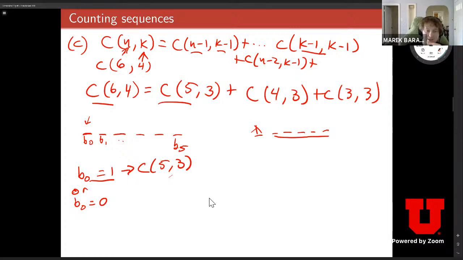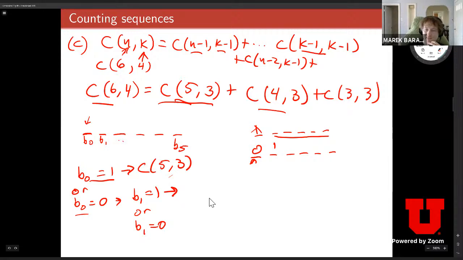So if B0 is 0, then we're now in the case where we have 0 and then 5 bits left. It's choose 5, 4, but we're trying to get something that looks like this. So we know this is 0 right here. We know that B1 is equal to 1, or B1 is equal to 0. If B1 is 1, then we're choosing choose 4, 3.